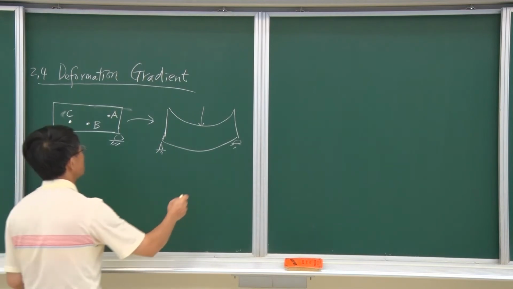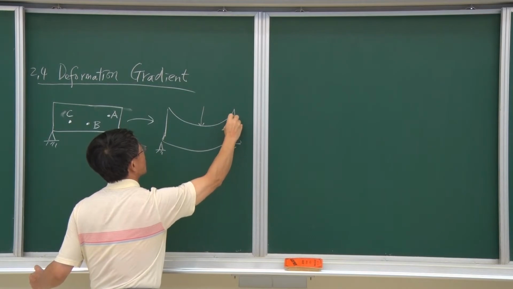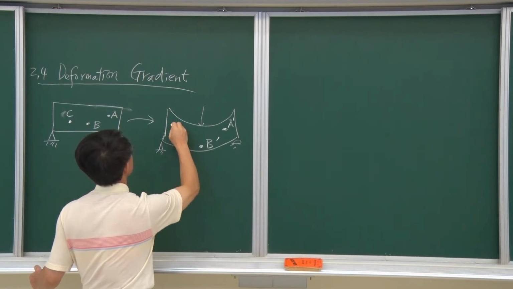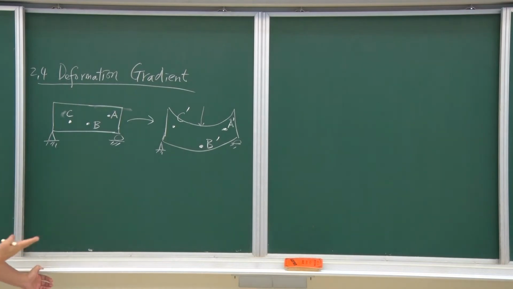So these points will also deform. Okay, we did talk about such kind of picture before. Okay, now we have a duty to derive the correct term for the shear strain or strain. We use this model again.